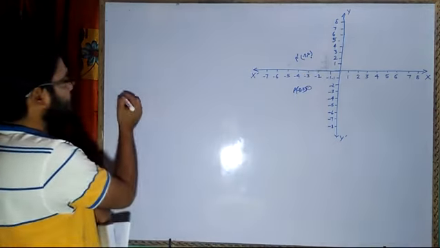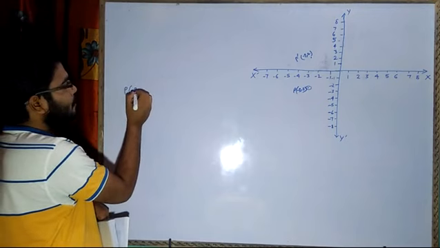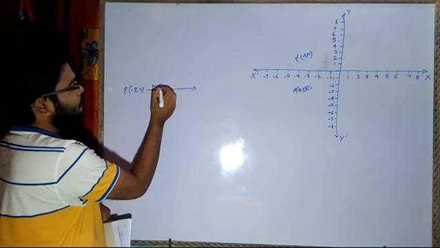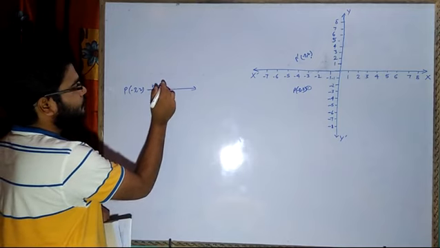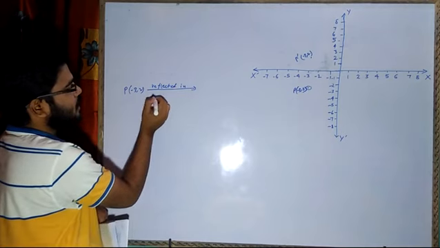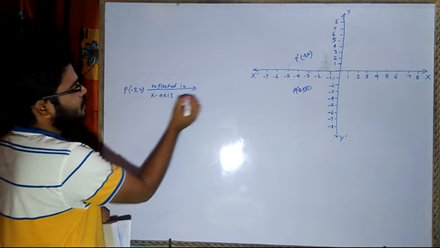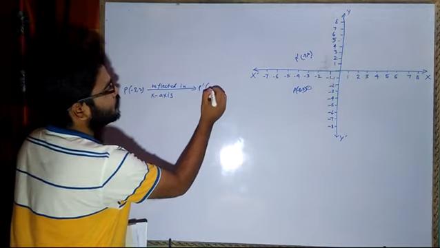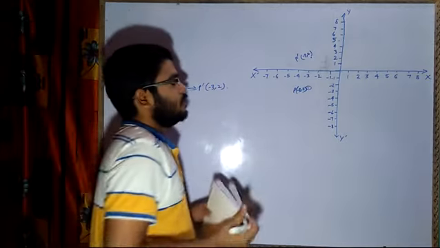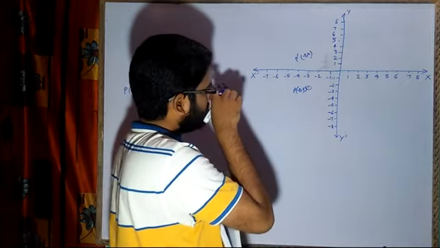So we can write P minus 3 comma 2 reflected in the x-axis, then P dash is equal to minus of 3 comma 2. We know that only the x value will remain the same, the y value is going to change.